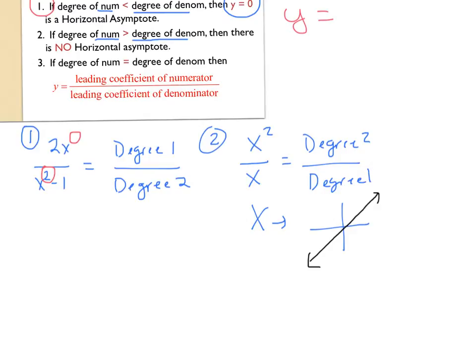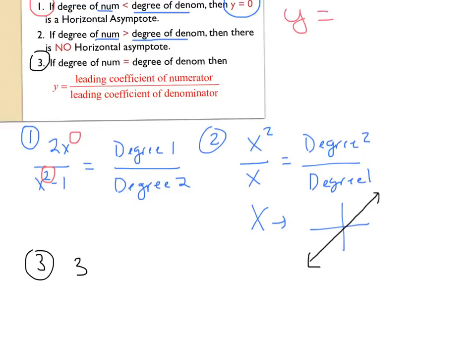Number 3, if the degree of the numerator is equal to the degree of the denominator, then the horizontal asymptote is the leading coefficient over the leading coefficient. Okay? We have a trick to remember this, but with what you see here, we can create a straightforward example.